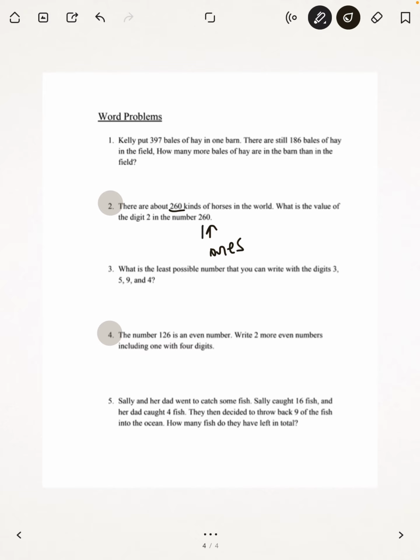And then the next number is the tens place. And after the tens, the 2 in this case is the hundreds. So since the problem is asking what the 2 is, the answer is going to be hundreds because that's the place value the 2 is in.